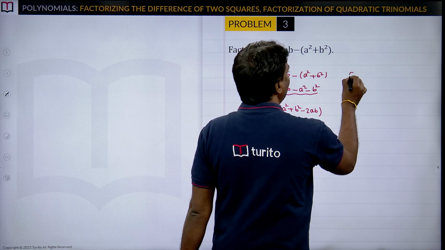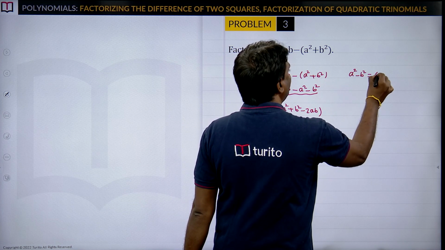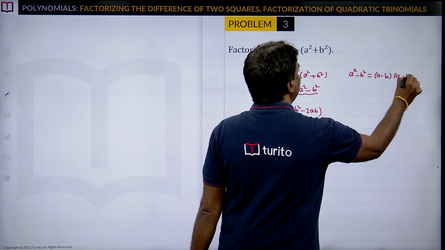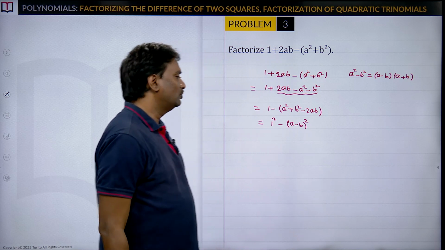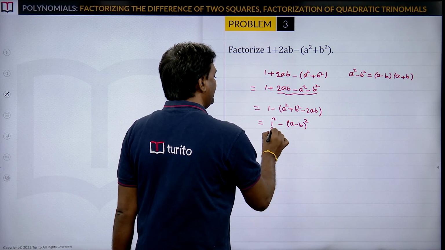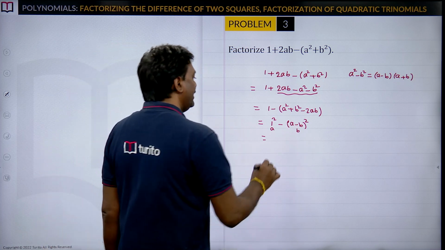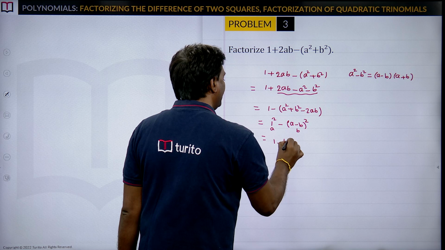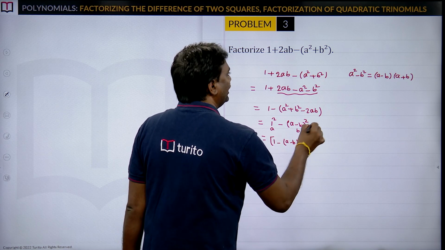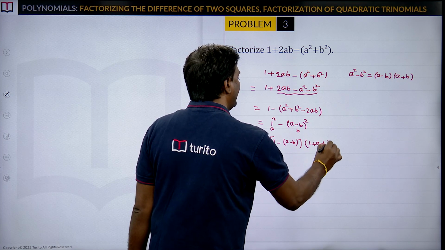So, by using the formula a square minus b square equal to a minus b into a plus b, from this you will get 1 minus of a minus b into 1 plus a minus b.